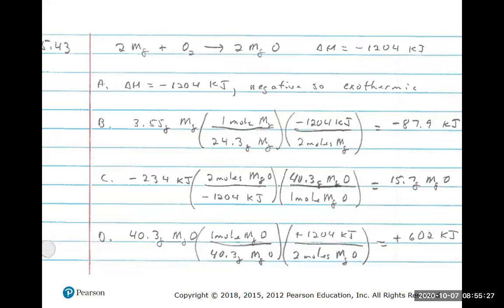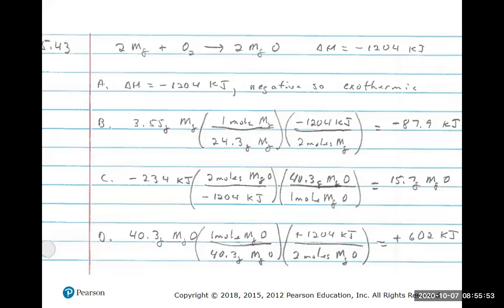first thing, we change those grams of magnesium oxide to moles using the molecular weight. Then we use the stoichiometry of the equation to see how many moles of it go with this delta H value, and the answer is 2. But you notice the sign on that isn't negative 1204, it's positive 1204.